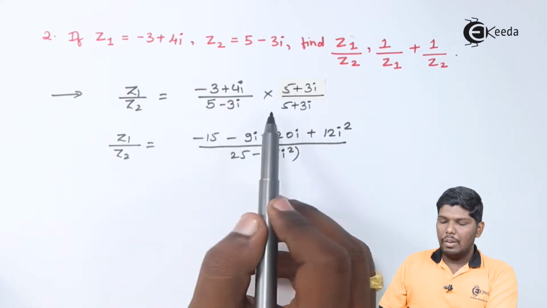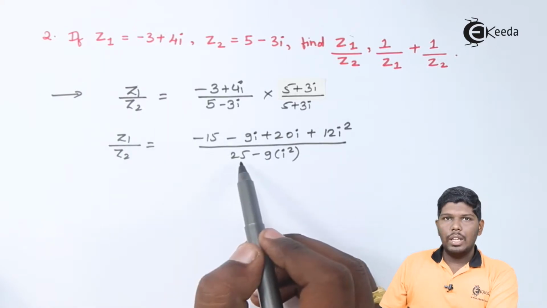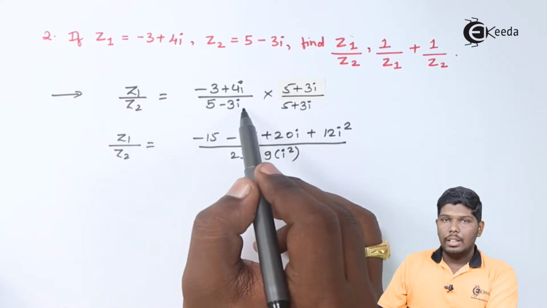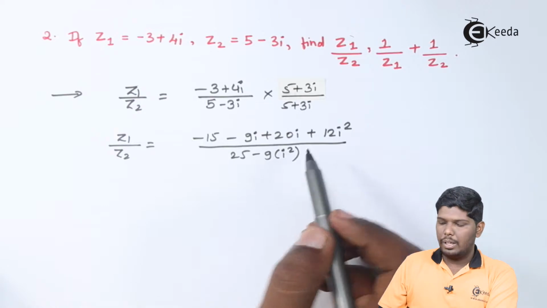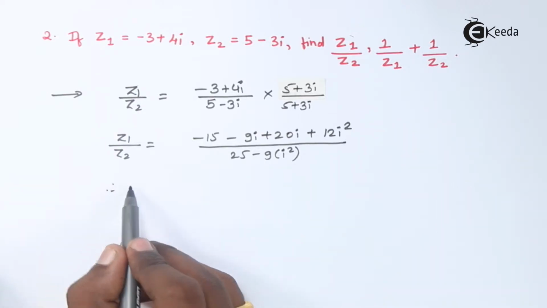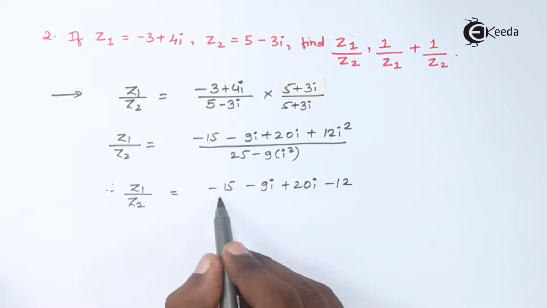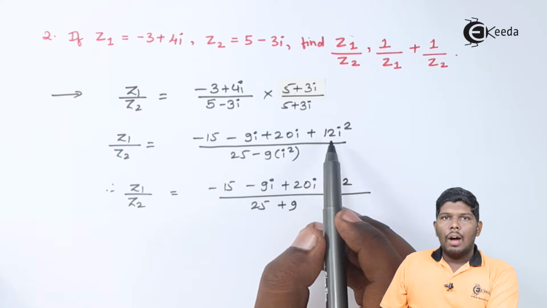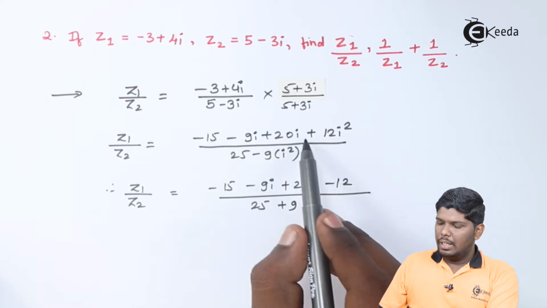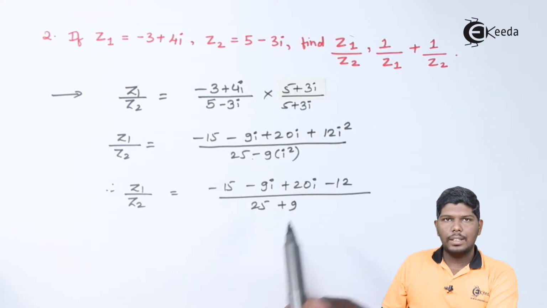In the denominator, we have a minus b into a plus b, that is a square minus b square. 5 square will give you 25, and minus 3i the whole square will give you 9i square. Further, we can substitute the value of i square as minus 1. After substituting i square as minus 1, this will become minus 12, and here we have 25, minus of minus will give you plus 9.